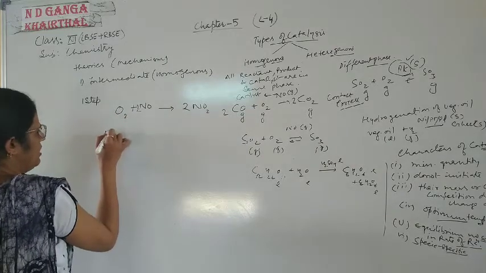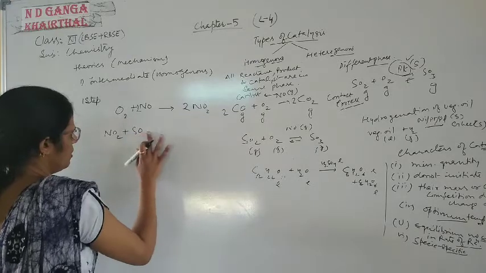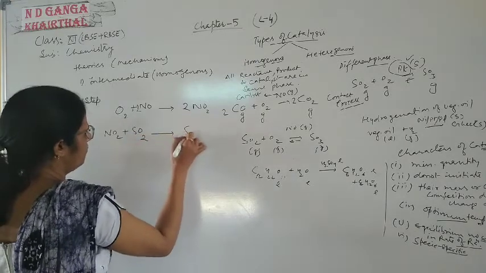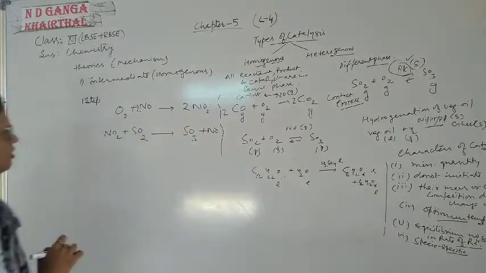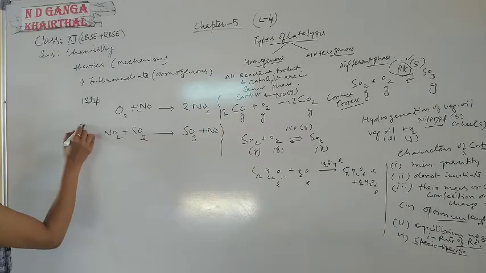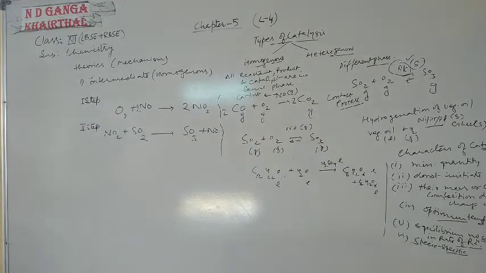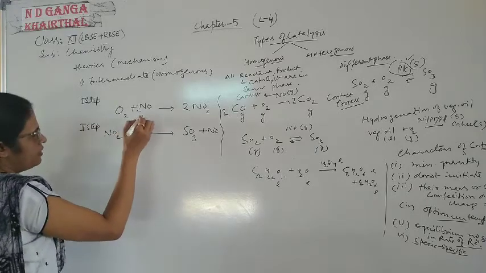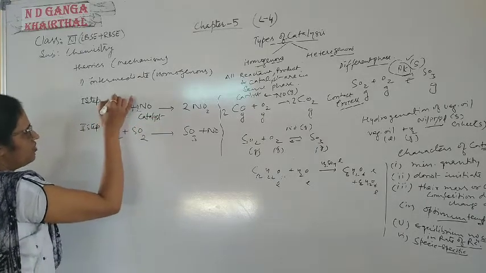Okay, and this NO2 on reacting with SO2 forms SO3 plus NO. It is the second step; the earlier one is the first step. In the first step, NO is the catalyst and the other is a reactant.